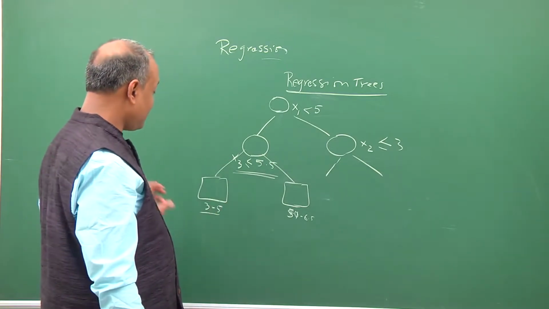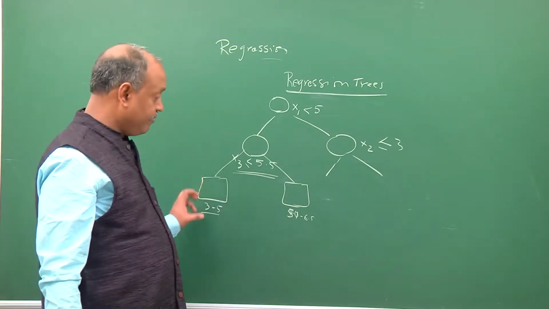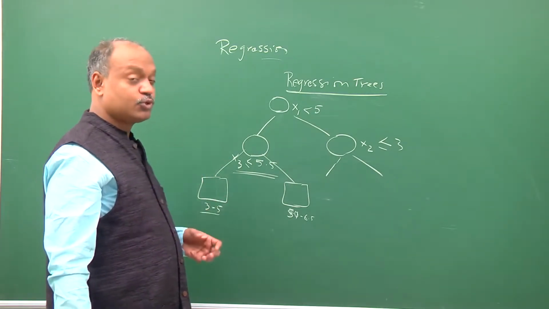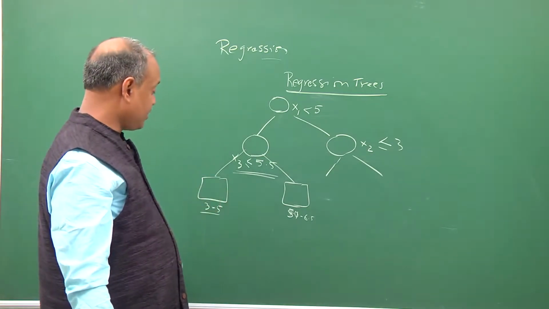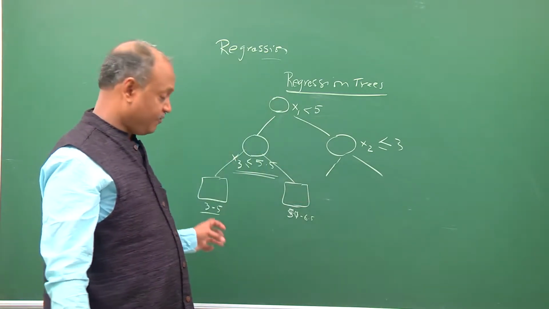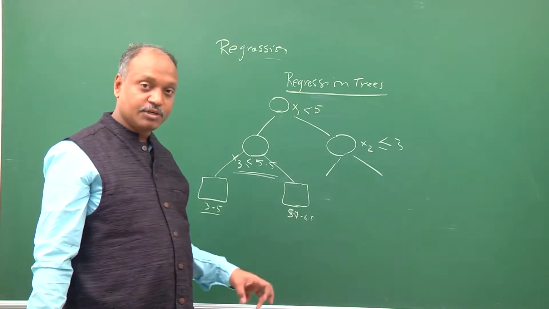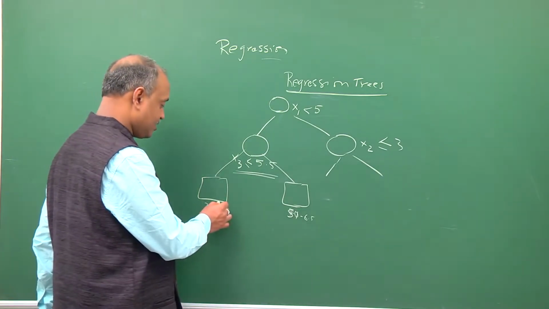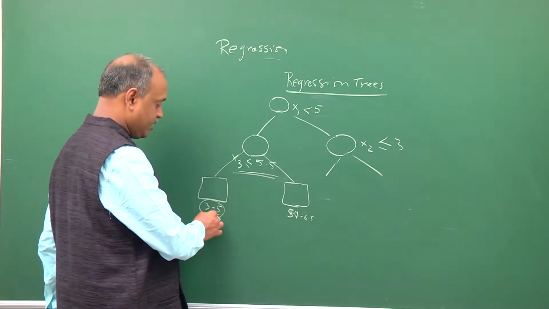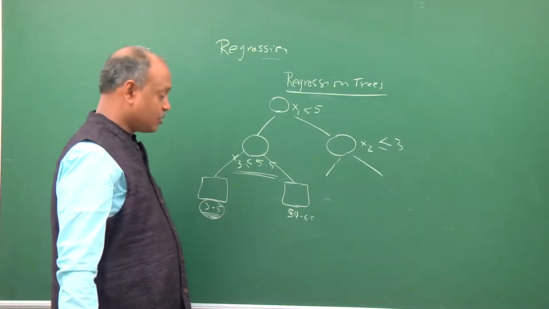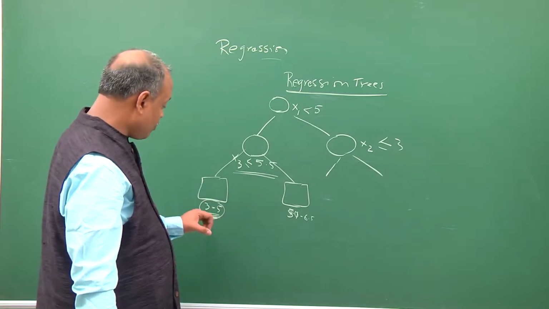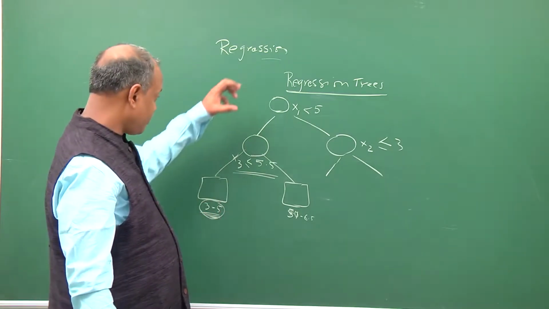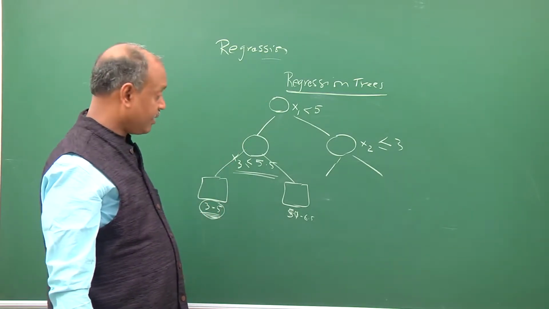You can collect multiple data points per leaf node, or if you choose it directly as one data point, then it becomes a very large regression tree with very small decisions at the leaf node. But usually regression trees are carried out such that at each leaf node you have a range of values, and all the input data where output falls between these follow this path of the tree.